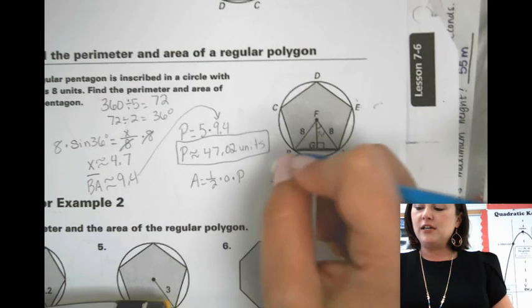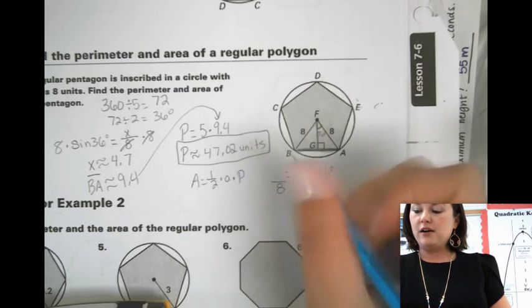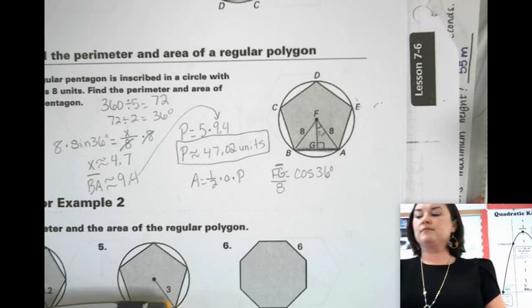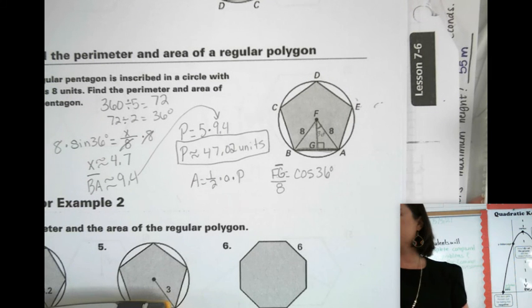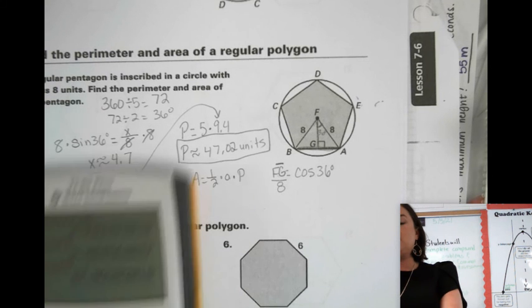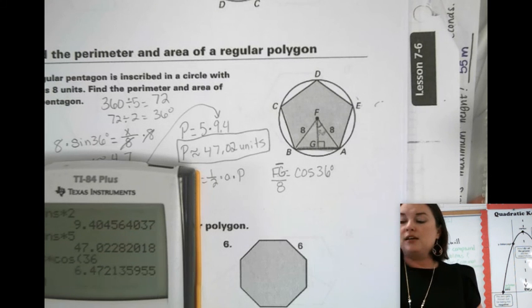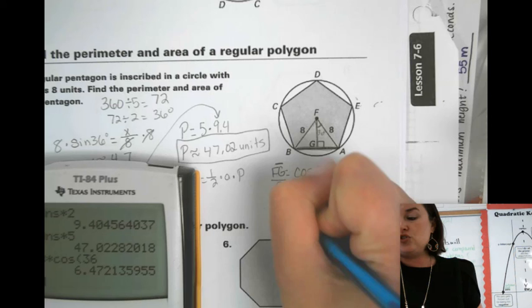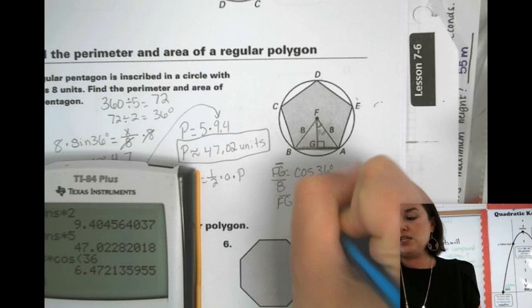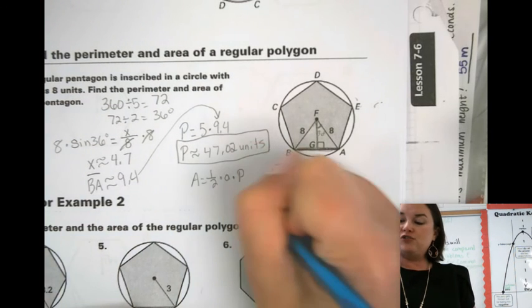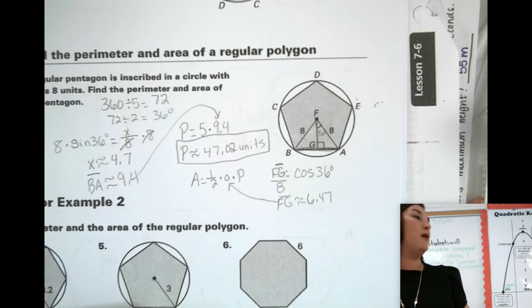Would it be better for me to call this FG right here instead of the apothem so you'll know what we're trying to find? So I'd multiply both sides by 8 to find FG. So 8 times the cosine of 36 tells me that FG is approximately 6.47. Well, FG is the apothem.